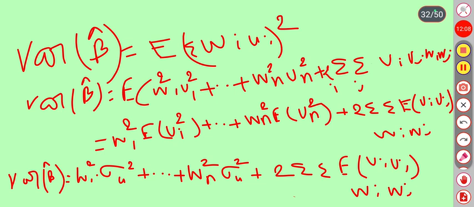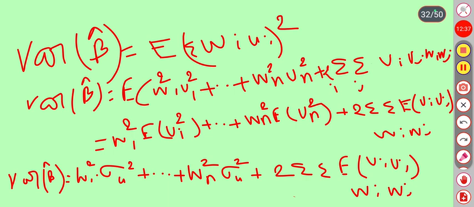plus the other cross multiplier, that is 2 into double summation i equal to 1 to n, j equal to 1 to n, but i not equal to j, expected value of ui uj and wi wj. Taking expectation of ui uj, that is equal to 0.